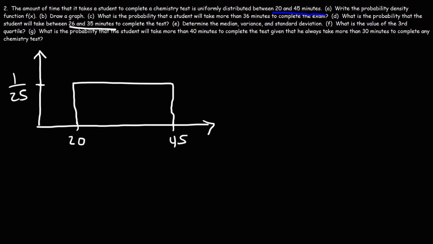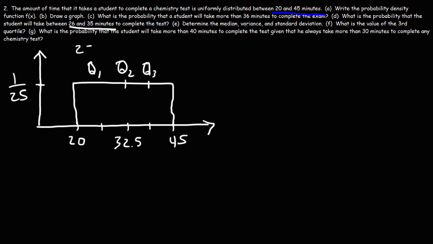Now we're going to break this interval into 4 subintervals. We said the median was 32.5. The median is the second quartile. This is the first quartile. And this is the third quartile.